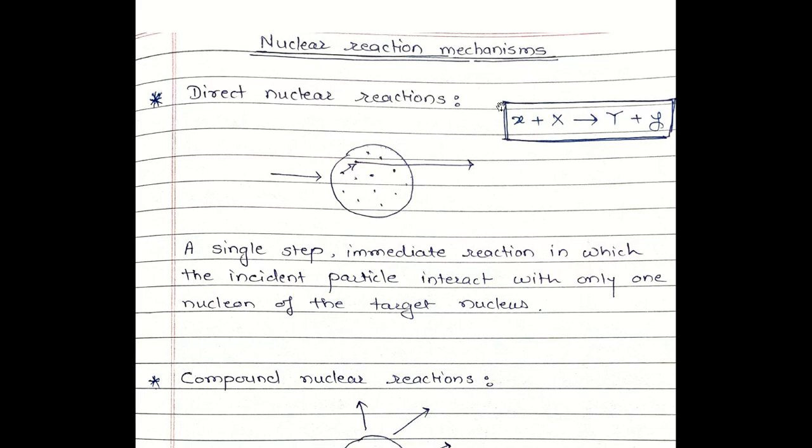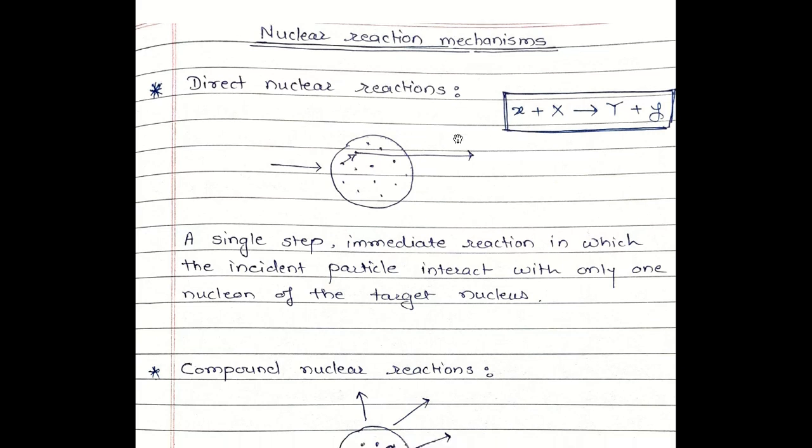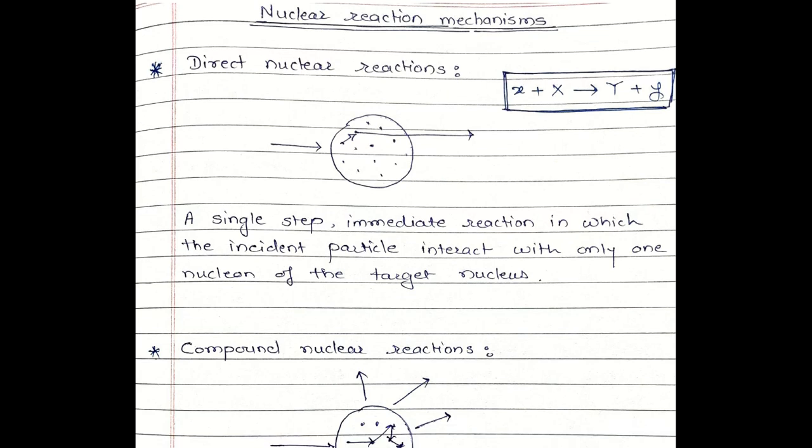Now there are mainly two types of nuclear reaction mechanism, that is the direct nuclear reaction and the compound nuclear reaction. Direct nuclear reaction and compound nuclear reaction.